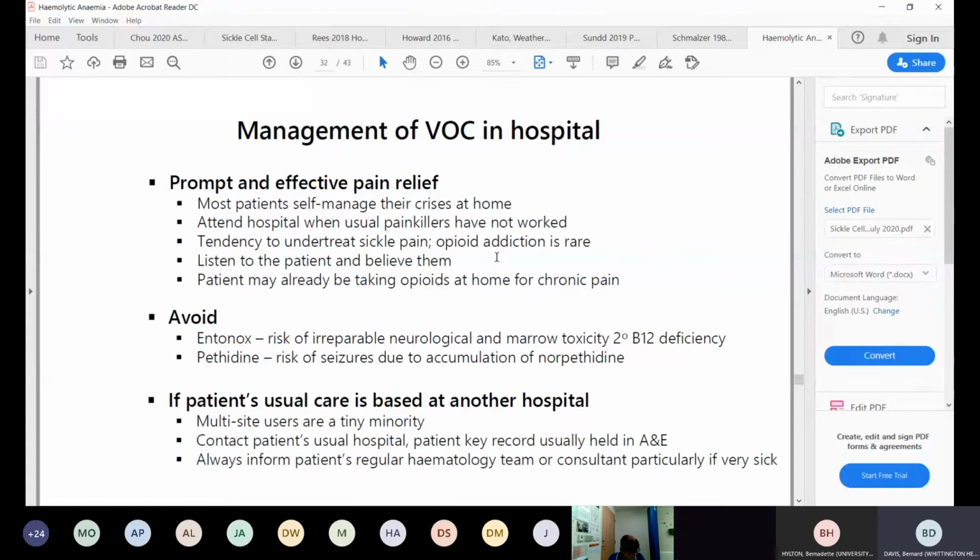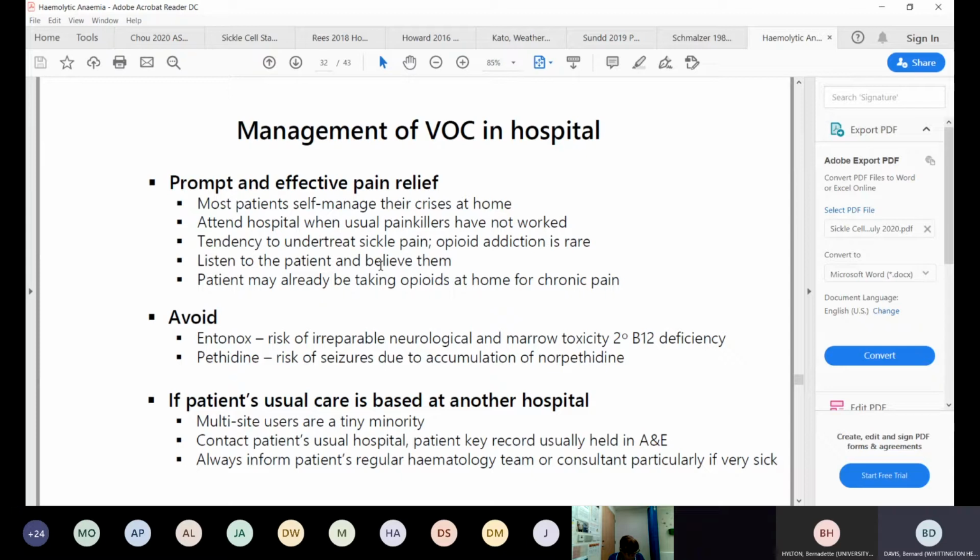So don't, for fear of addiction, deny the patient the pain relief that they need. And again, listen to the patient, believe what they say. If they say they're in pain, they're in pain. If they say they've got 8 out of 10 pain, they've got 8 out of 10 pain. We're not in a position to judge.